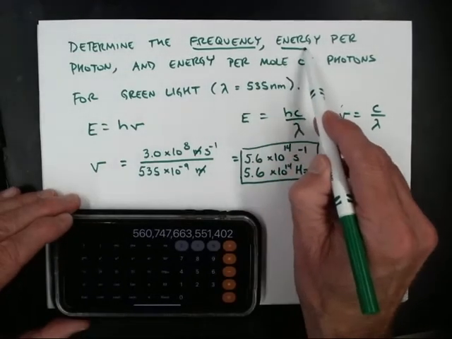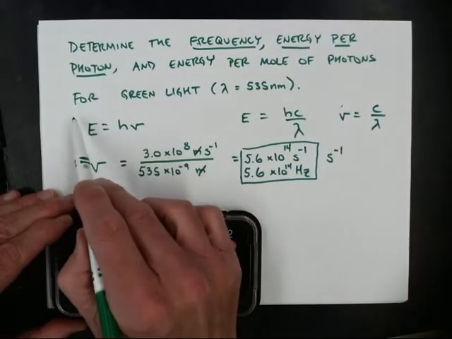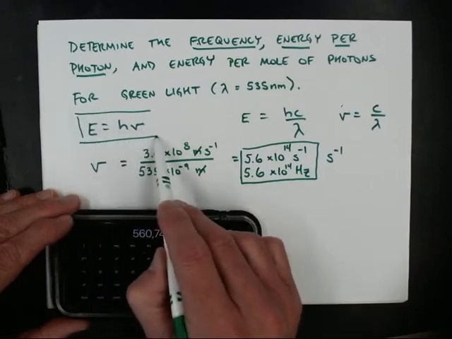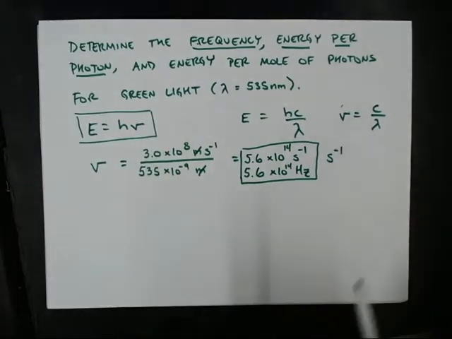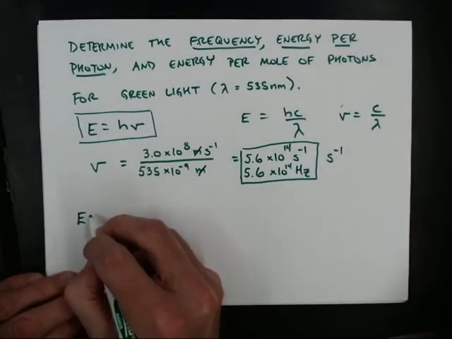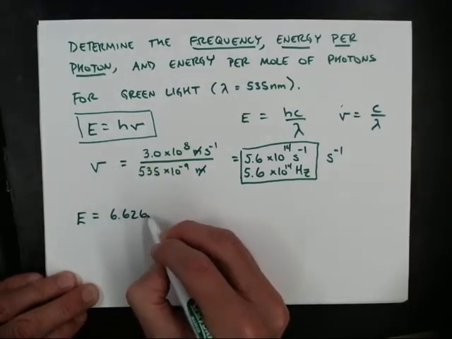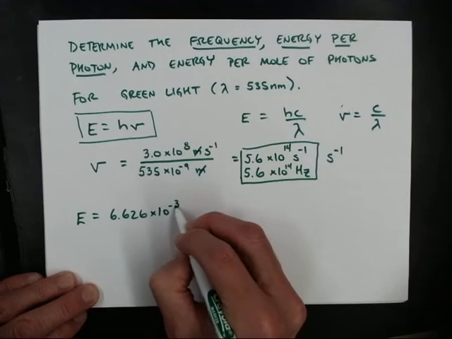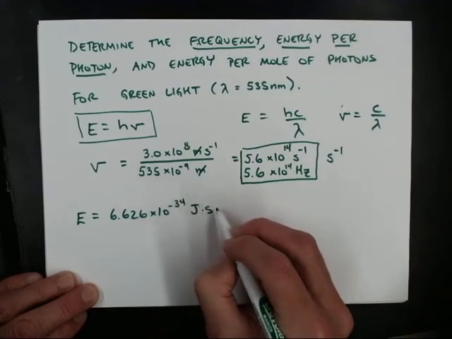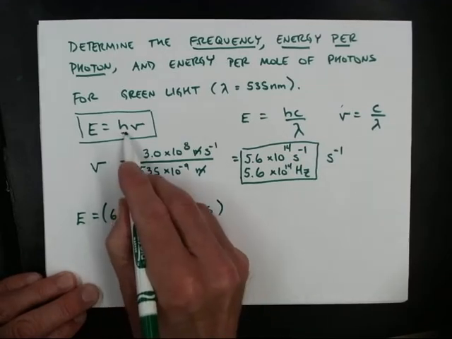Now we want to find the energy per photon, and for that we're going to use this equation here. So I'll write that in. Energy is going to be Planck's constant, which is 6.626 times 10 to the negative 34 joules times seconds. That's h.